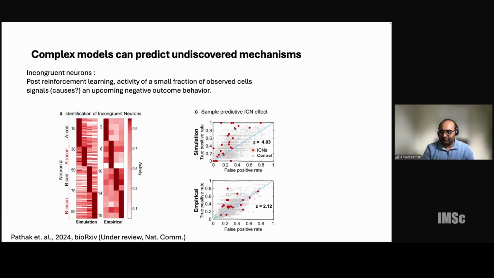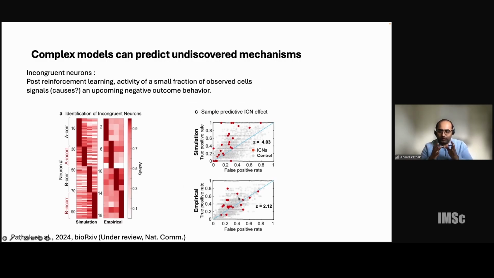I mean, the fact that you can get any information from 20 neurons in the PFC, because so much is going on there, that itself is quite commendable, but in that, you get at least 3 to 4 neurons out of 20 neurons, which reliably tell you that the monkey is going to make a mistake. And what you see here is from the analysis of those robust, reliable neurons.